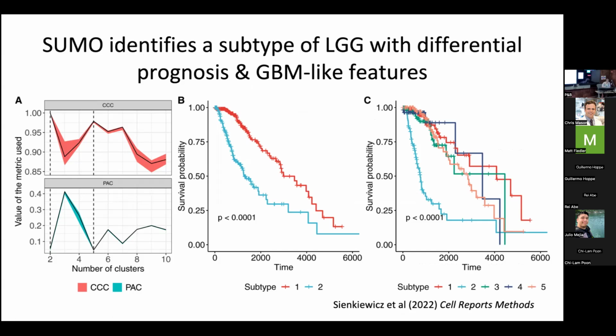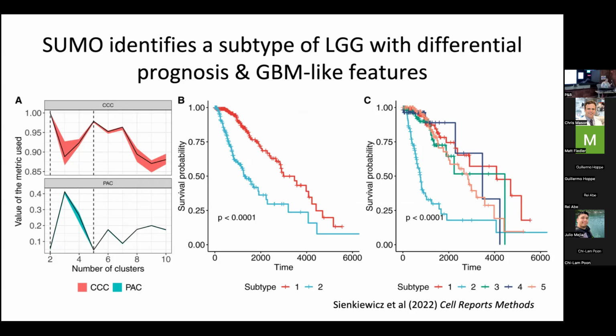But then we noticed a very interesting result. Subtype 2, the blue line, includes a lot of samples that would be classified as grade 2-3, so they wouldn't be treated as maximally malignant.